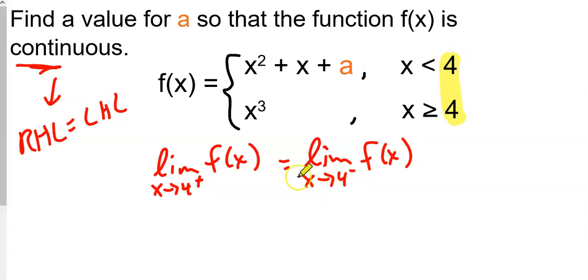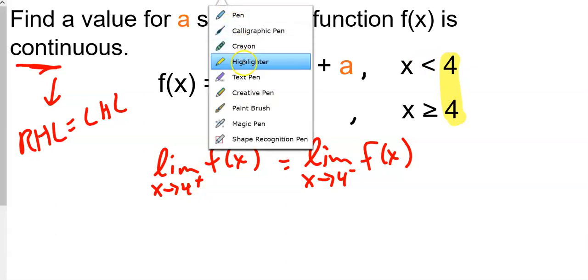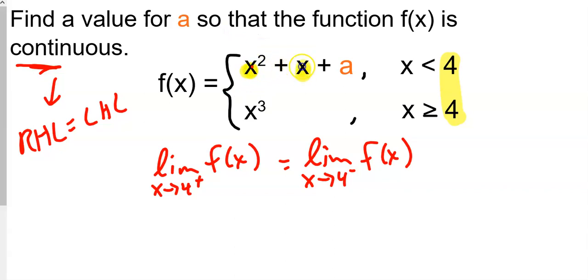Which is, again, from the right and left-hand sides that we need to match. So we already know that's what our x is going to be here. Okay, we're going to plug in 4 for these x's. So my right-hand side is going to be x cubed, but instead of just putting x cubed here, I'm going to substitute in 4.